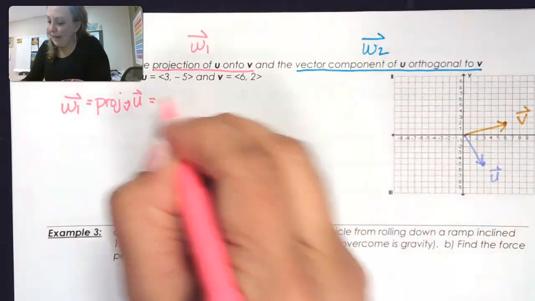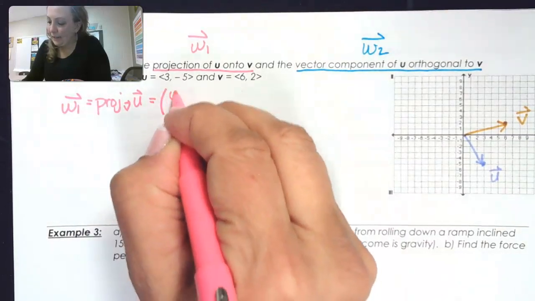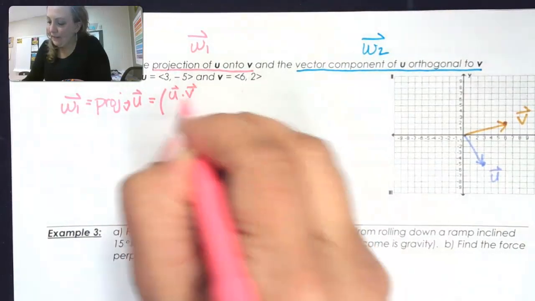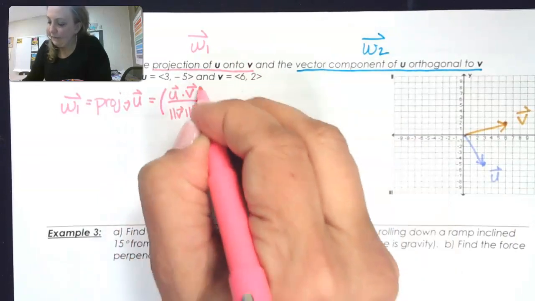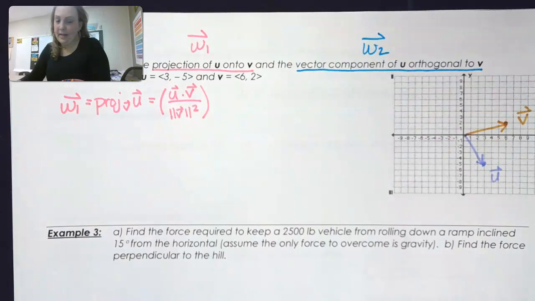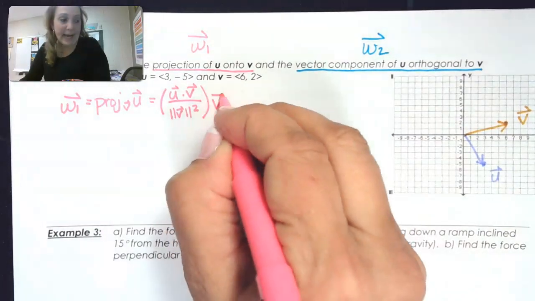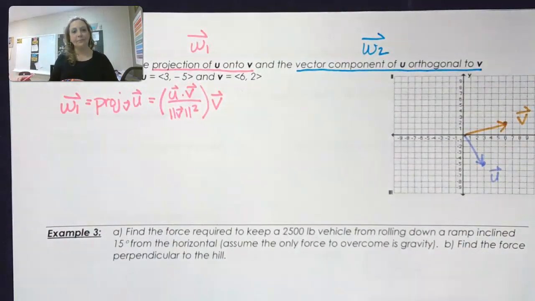The formula for that is we're going to take the scalar U dot V and divide it by the magnitude of V squared. And then we're going to multiply that by vector V. Okay, so I sometimes like to do everything separate over here.